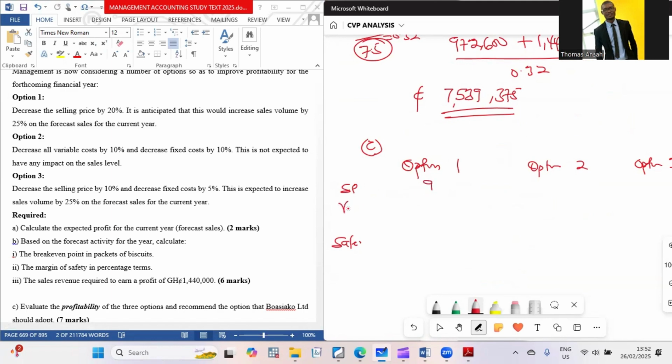And the volume is 720, right? I'm going to increase the volume by 25%, so 1.25. That is also 900.